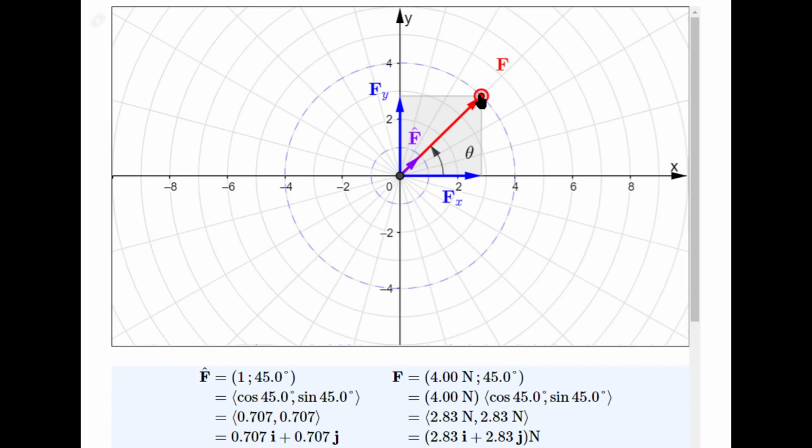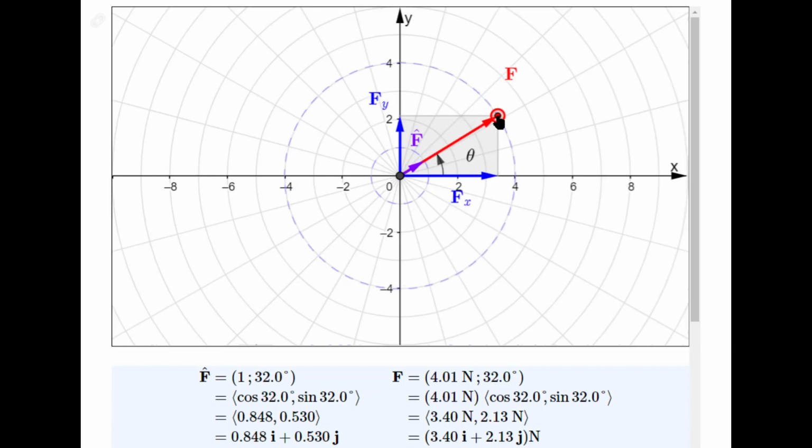So here, now I'm going to change the angle to 30 degrees. So now I've got it at 30 degrees, and it's changed the values of these unit vectors for i to 0.866, so it's much closer to my x-axis, so the i component is larger.